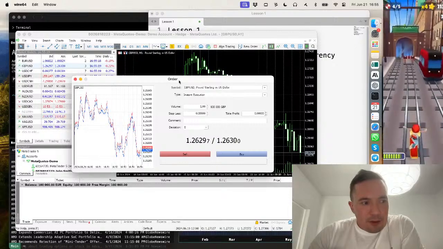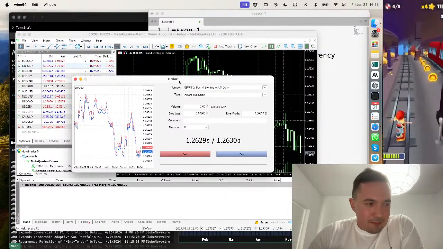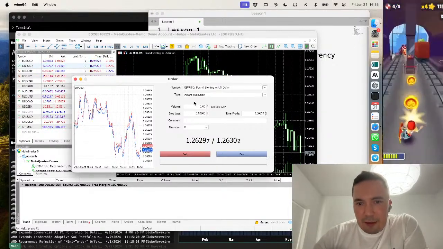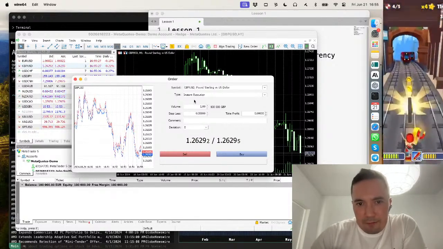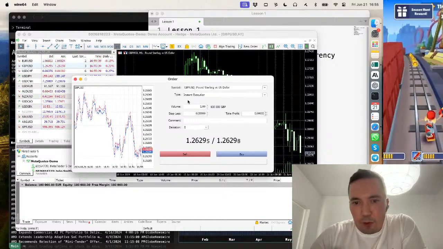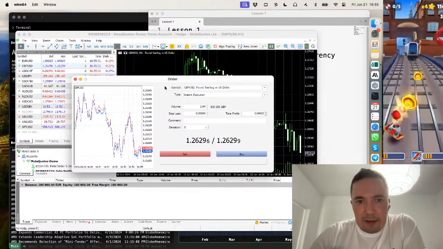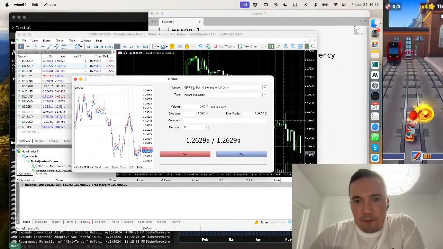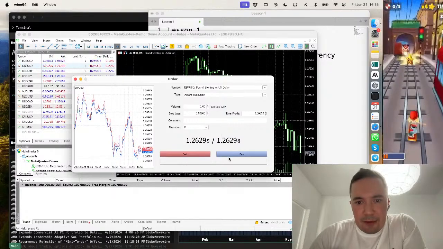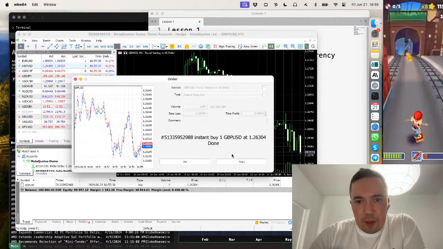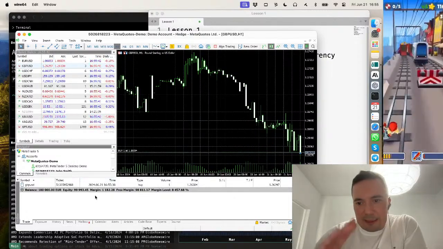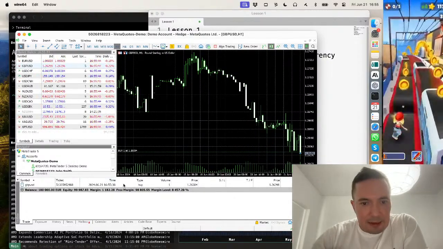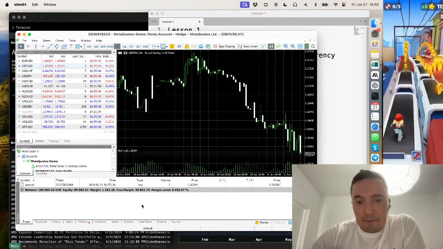Actually the word means what it means: you order somebody to do something. In this case, we say we want to buy pound sterling for dollars. And when we press buy, the order is sent to a trading system. And in this case, it gets filled.